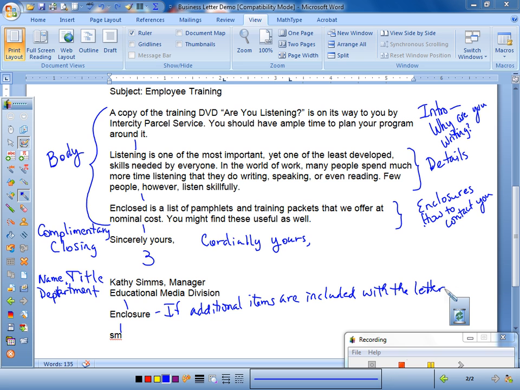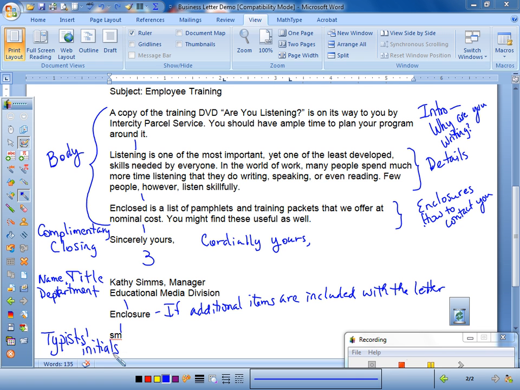Okay, why SM? That's the typist's initials. Now you have to understand, and this is probably becoming less common, but I'm sure it still goes on in the major corporate world. Does every CEO of a company type their own letter? No. Who types it? Somebody they've hired, an administrative assistant, a secretary.